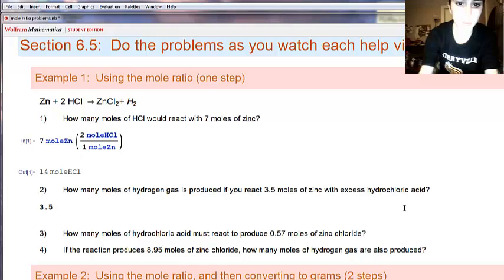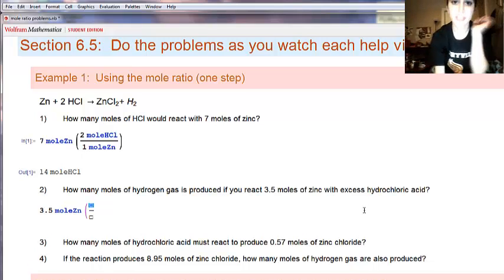So we begin with our given number, 3.5 moles of zinc. Then we're going to next put in our mole ratio, so we can go from moles of zinc to moles of hydrogen gas, because that's what we want our ending number to be. So we want to keep moles of hydrogen gas, so that's going to be our numerator.